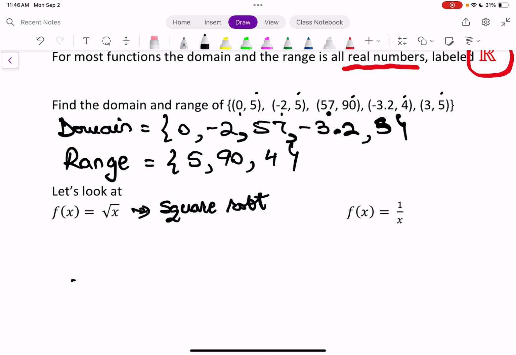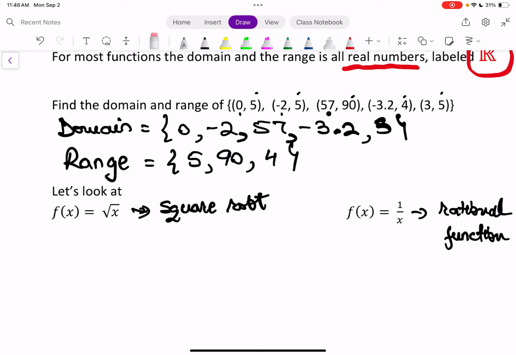This is the square root function, and this is called the rational function because it's a ratio. Actually, the 1 over x specifically is called the reciprocal function, but it is a rational function.